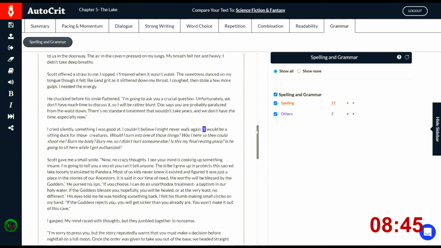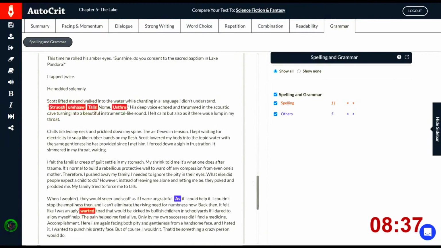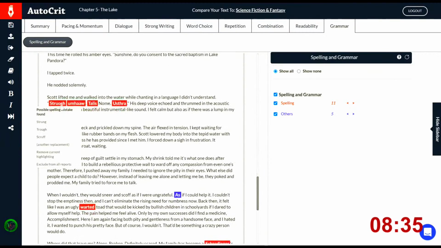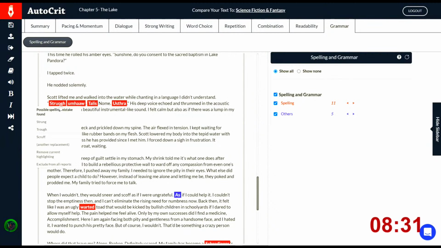All right. That's going to be this. They didn't like how many times I spaced. Let's see what else we have. Oh, we got some here. Yeah, this is all made up words. So we're going to exclude from the reports.